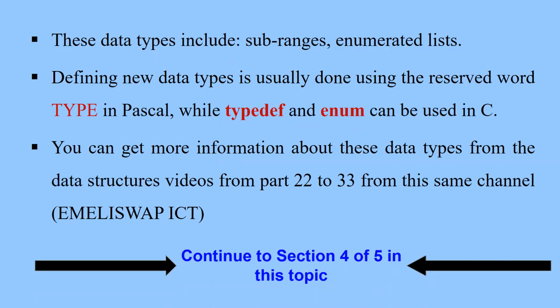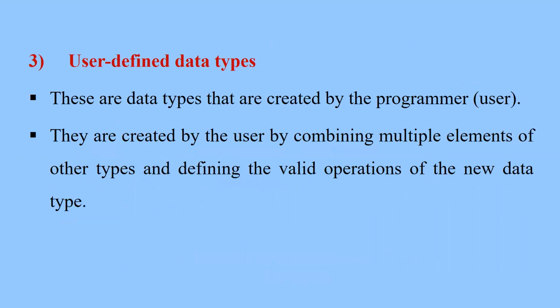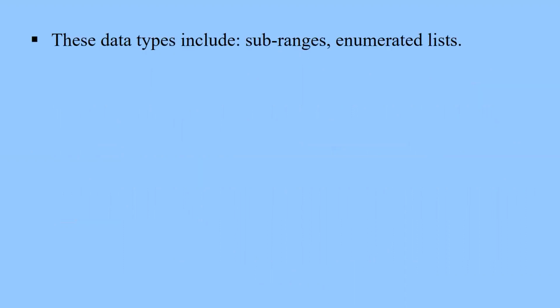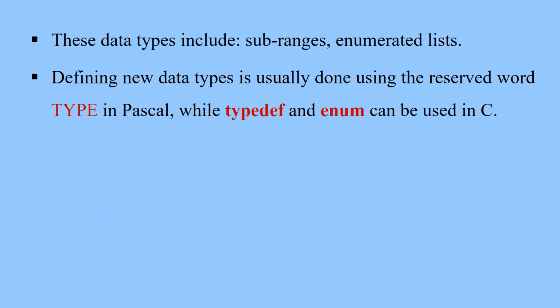But before that, I am also going to inform you that when we talk about user-defined data types, they are of the following types: subranges and enumerated lists.